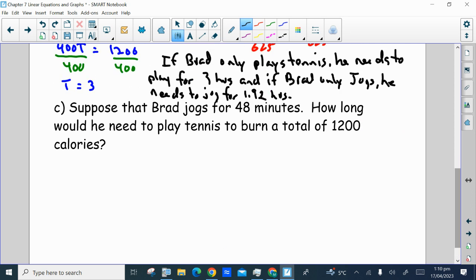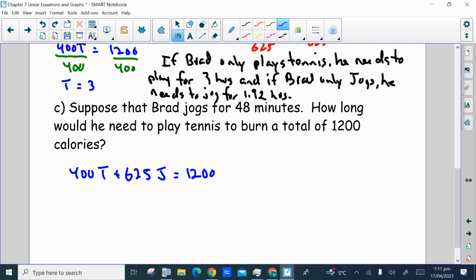Part C says, suppose that Brad jogs for 48 minutes. How long does he need to play tennis in order to burn his 1200 calories? So if we start with our original equation, 400t plus 625j equals 1200, we are told that he jogs for 48 minutes.